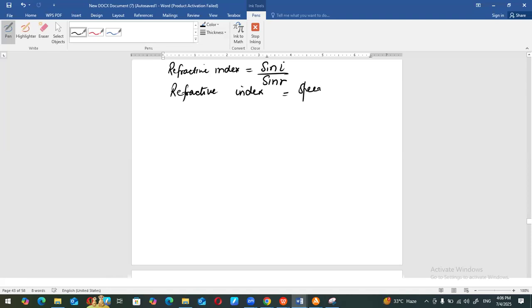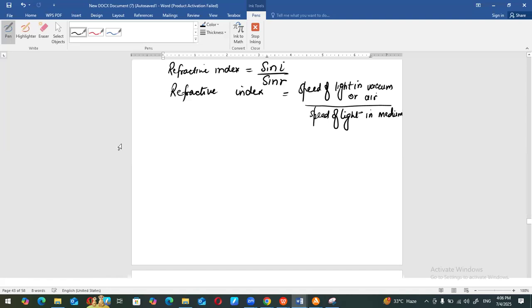Speed of light in vacuum or air divided by speed of light in medium.